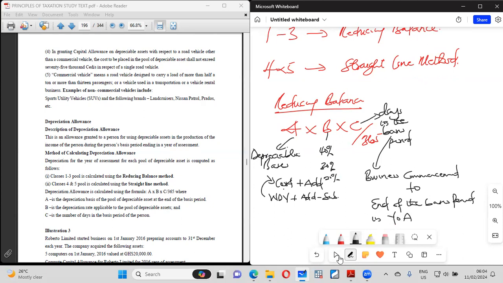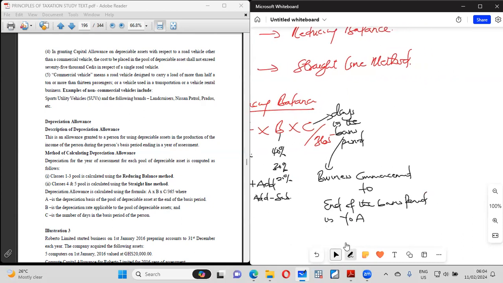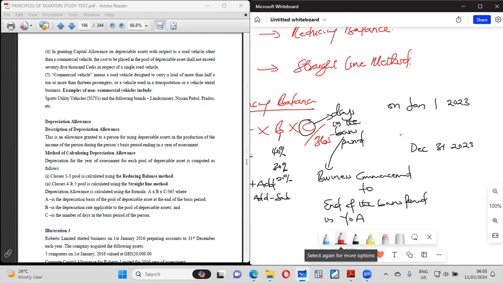So if I start my business on January 1, let's say 2023, then my basis period ends December 31st, 2023. It means that my C here will be 365 days. So it will be 365 multiplied by that.